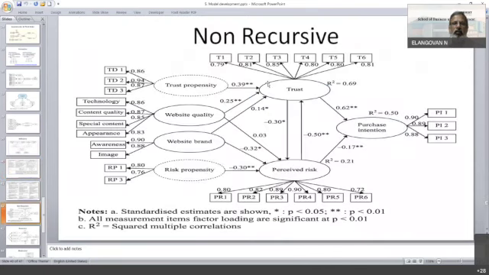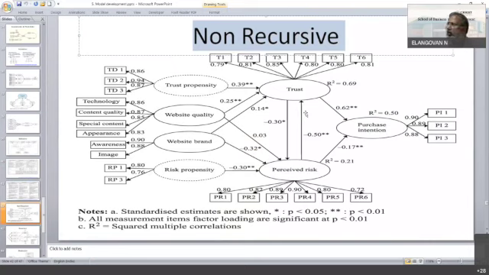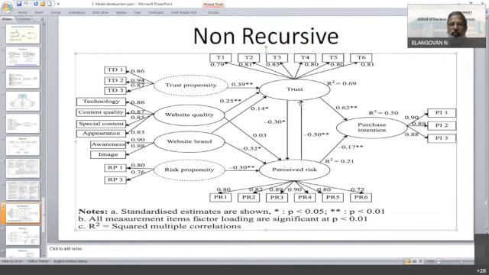There is one more type of model. We call it a non-recursive model. Please look at the arrows between trust and perceived risk. It is not a double-headed arrow I have shown.